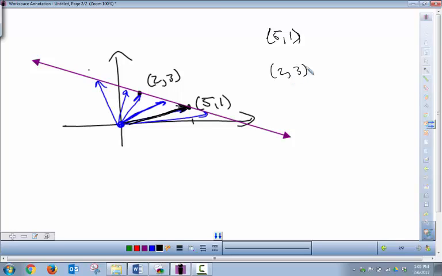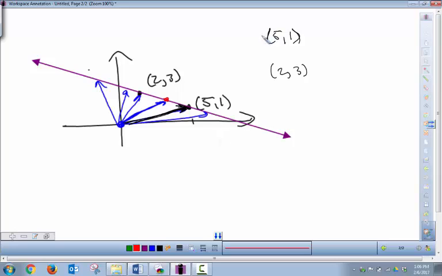So 2, 3 is a point on the line. But if we decide that we want another point on the line, let's say there's another point over here, between 2, 3 and 5, 1, that we also want to get to.